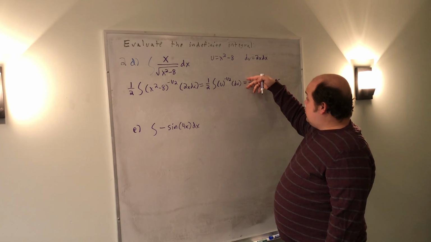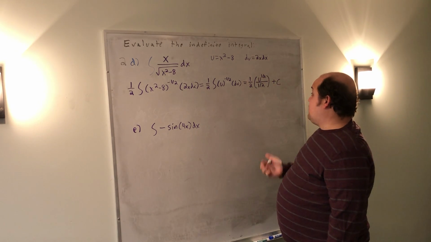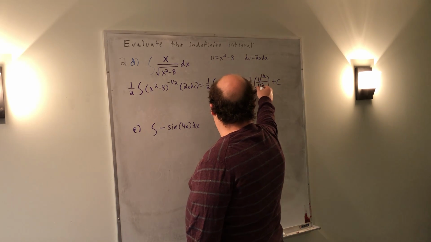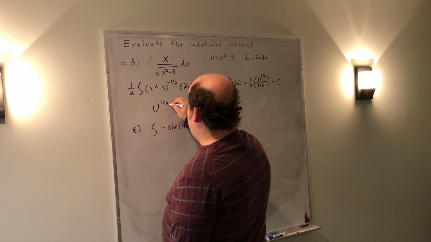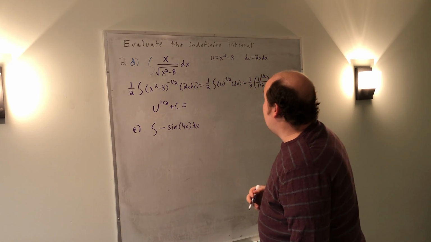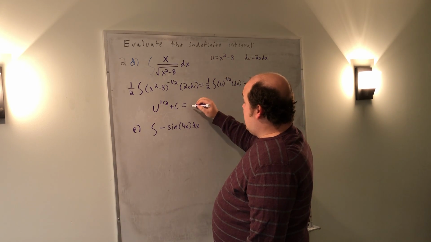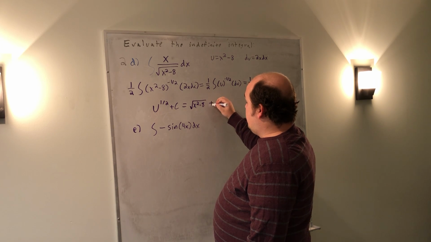So this becomes 2 over 1. 2 over 1 times 1/2 just gets rid of each other. So this 1/2 and divide by 1/2 leaves me with just u to the 1/2 plus c. My last step is then plugging back in for u. U equals x squared minus 8. So this becomes the root of x squared minus 8 plus c.